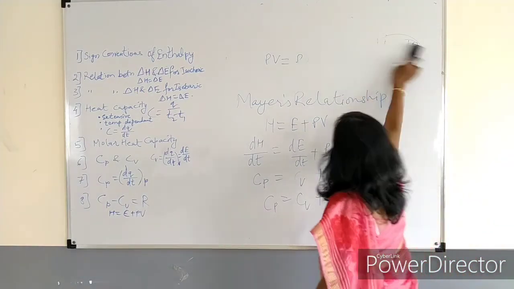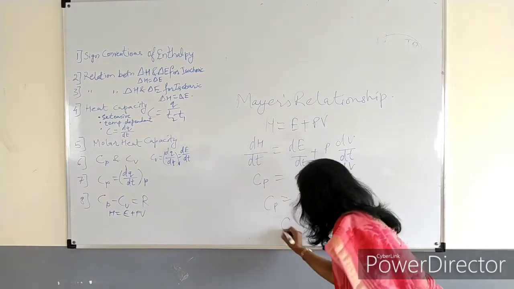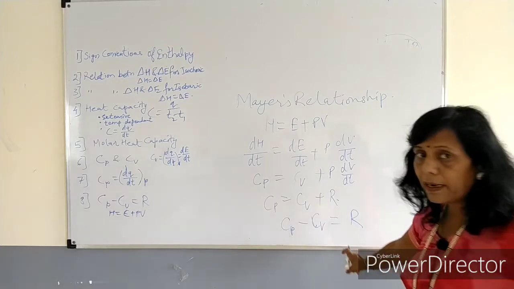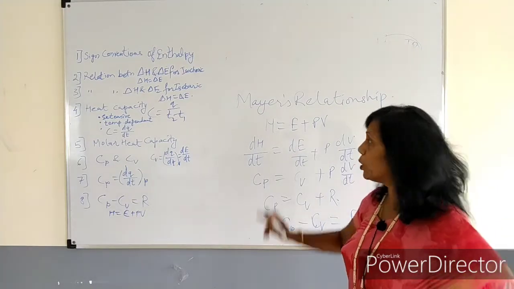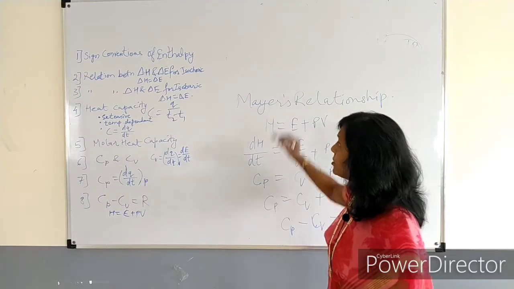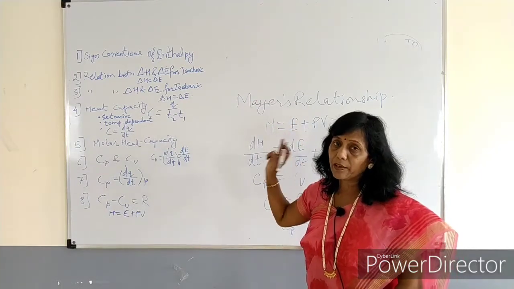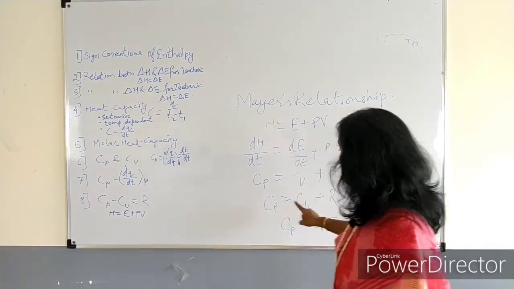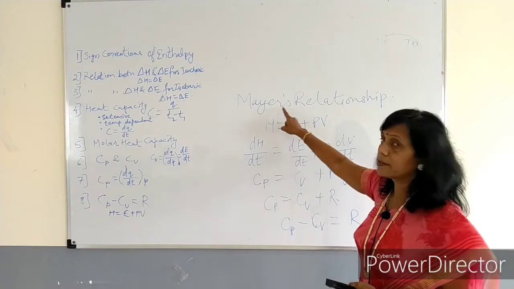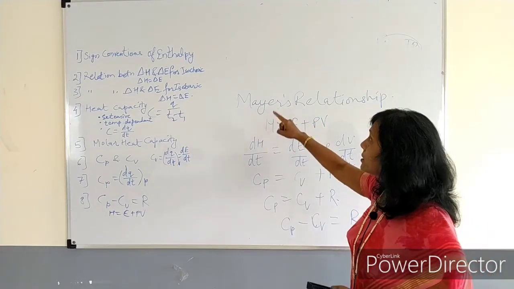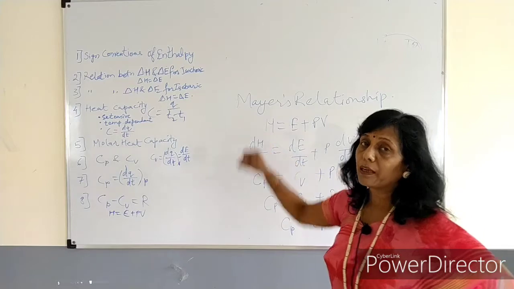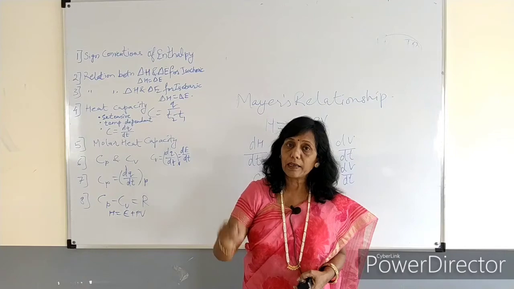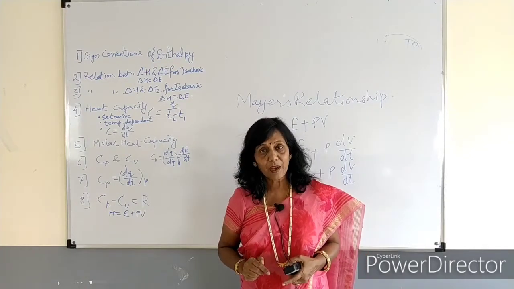So what does it mean? It means that Cp minus Cv is equal to R. So this relationship is called Mayer's relationship. Cp minus Cv is equal to R is given by Mayer, and hence the relationship is called Mayer's relationship. What is R? Here R stands for the gas constant. Clear?